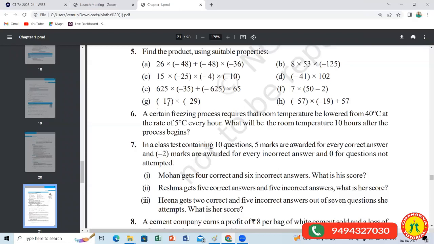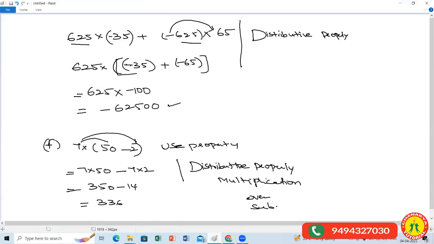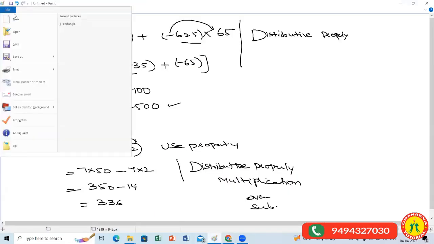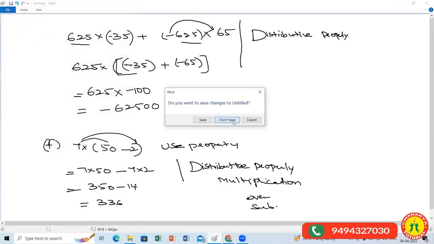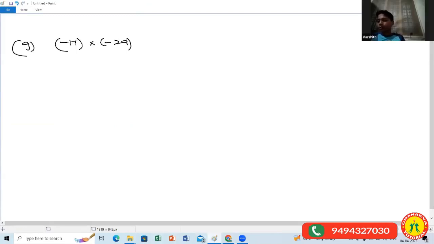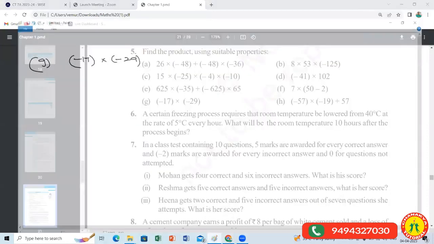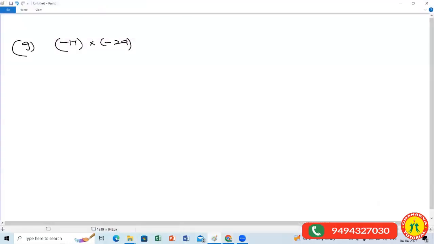Okay, right. Negative 17 into negative 29. G bit, please come for G bit. Negative 17 into negative 29. It's G bit, right? Yes, ma'am. What is the way? I'm not going to give any way.